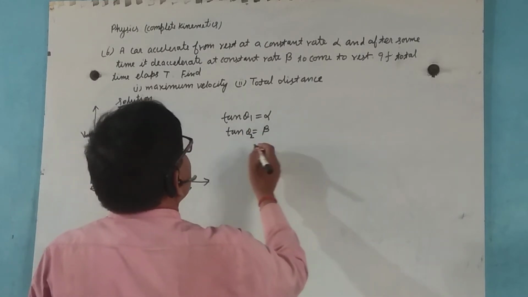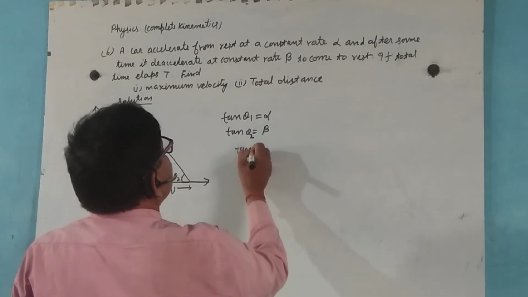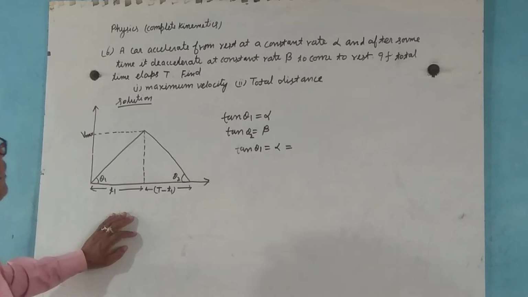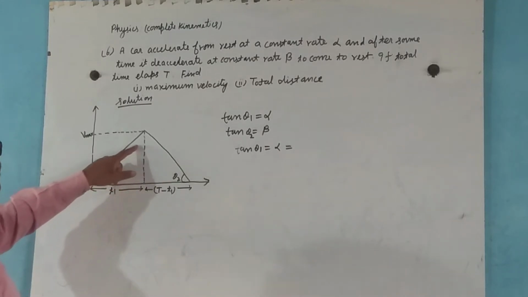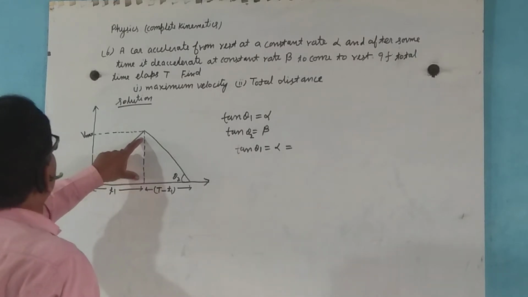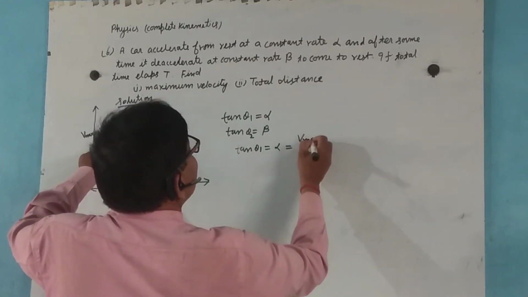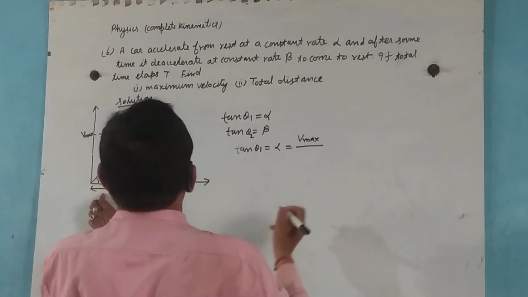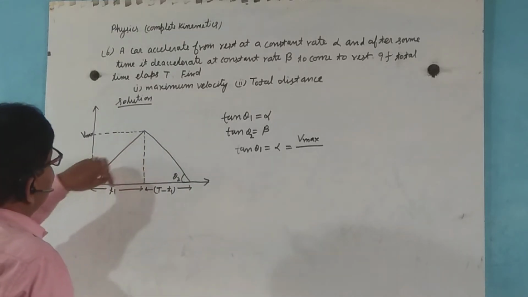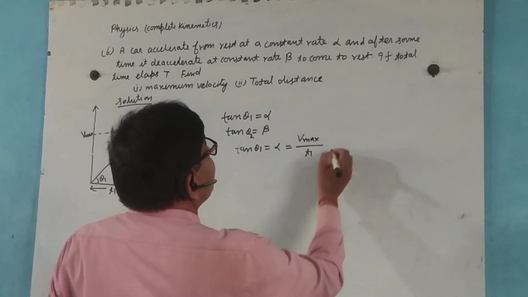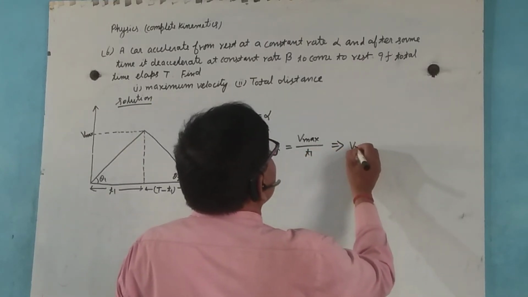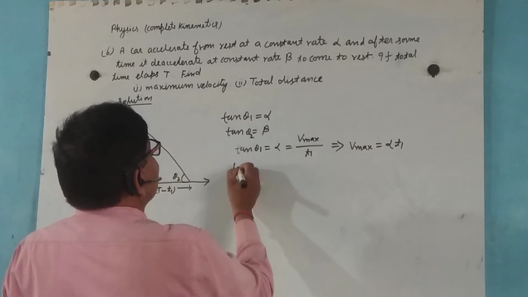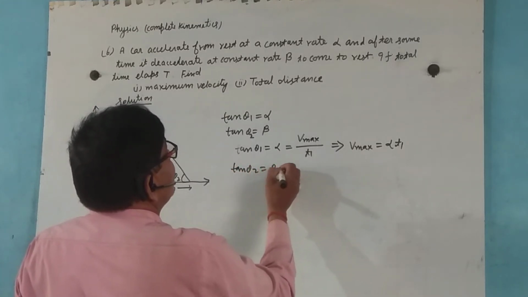Now tan theta 1 is equal to alpha, and tan theta 2 is equal to beta.